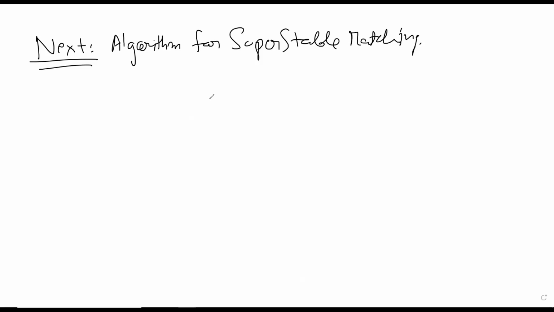So we'll have to add some conditions in the known algorithm so that the extra blocking pairs are removed, and that will lead to an algorithm for the super stable matching. That's what we'll do next, and then we'll do similar stuff for strongly stable matchings and other things. Maybe we'll look at the lattice structure and so on.